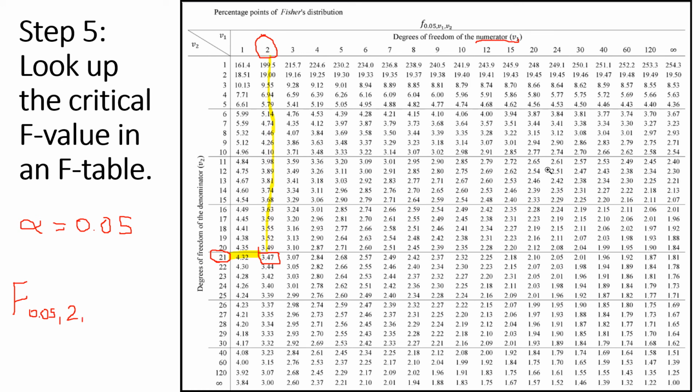And then a comma, 21 to tell us we had 21 degrees of freedom in the denominator. And for that, 3.47 is our critical value.